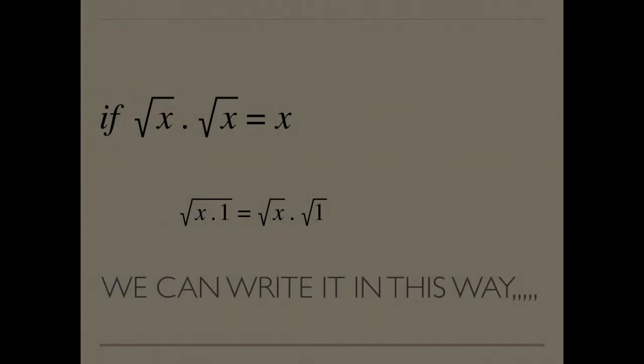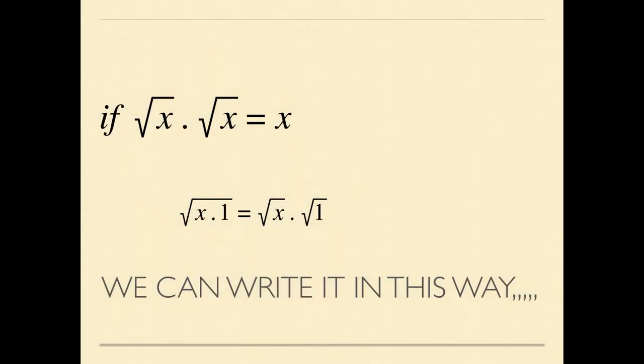Now, as you know that square root of x times square root of x is equal to x, and square root of x can be represented as square root of x times 1, and that can be written as square root of x times square root of 1.